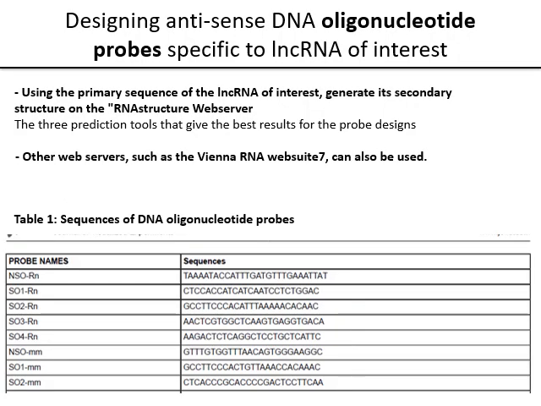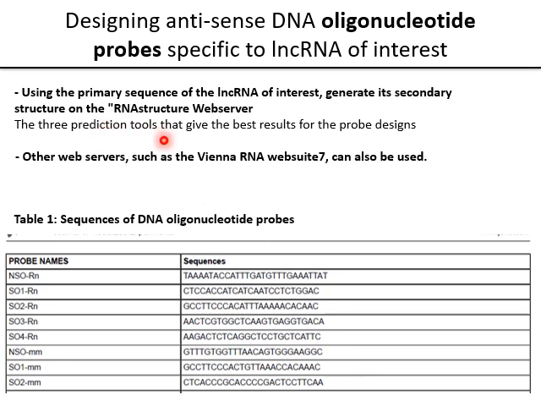To design the antisense DNA oligonucleotide probe that's specific to the long non-coding RNA of interest, we first have to generate the secondary structure. We can use the primary sequence of the long non-coding RNA of interest and generate the secondary structure on the RNA structure web server.